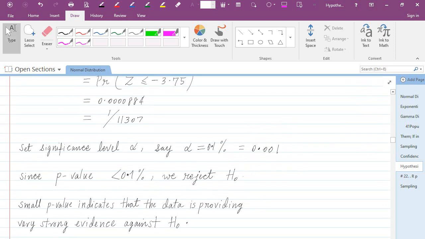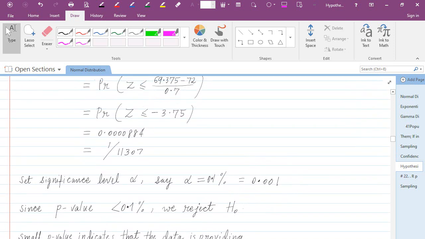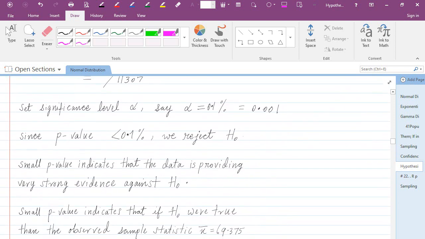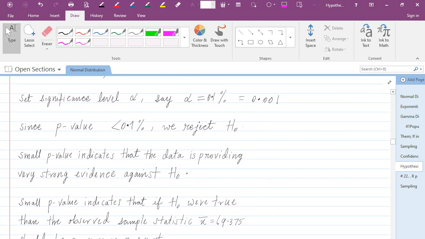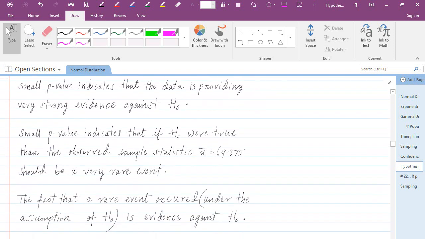The reason is that the small p-value here indicates that the data is providing very strong evidence against H0, the null hypothesis. A small p-value indicates that if the null hypothesis were true, then the observed sample statistic would be a very rare event.